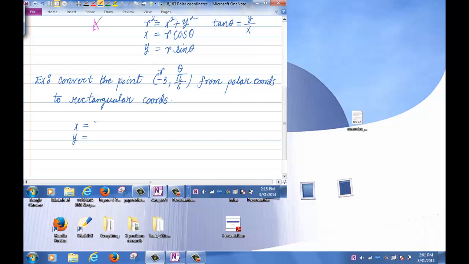Cosine pi over 6 is √3 over 2. And y is r sine theta, which is -3 times a half.